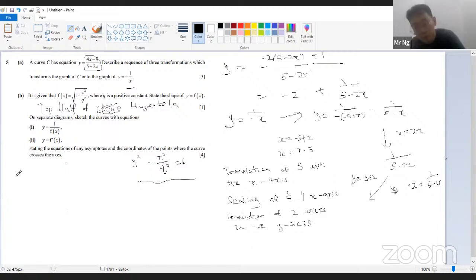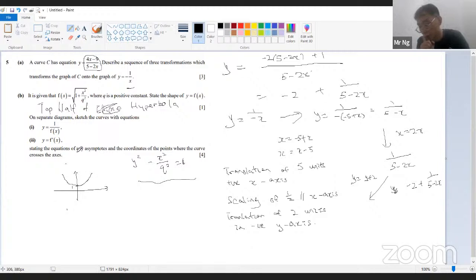Looking from my calculator, if you go y square minus, the graph is supposed to look like this. So 0, 0 is the center, then after that is 1. When x equals 0, y equals 1.